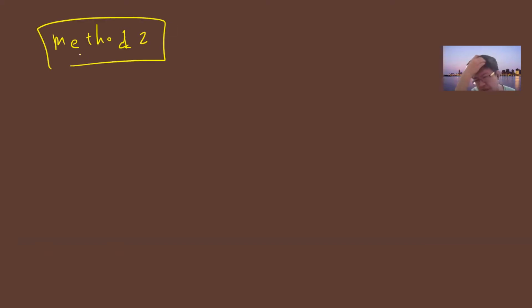Okay, so this is one method. Let me talk about method 2. Method 2 is really the tool that we need when we go from S3 to S4. Remember that we talked about the regular representation, right?